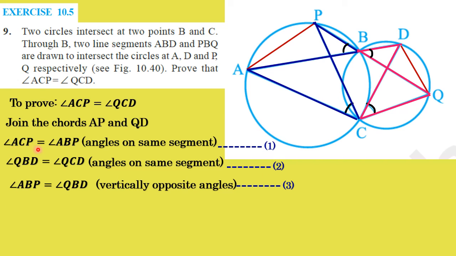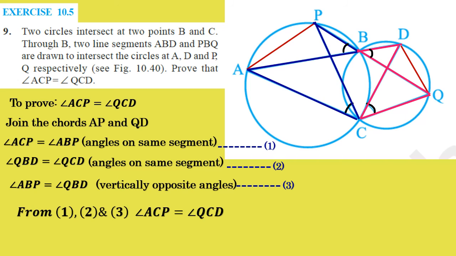ACP equal to ABP. Here, ABP equal to QBD. Here, QBD equal to QCD. All are equal. That means ACP equal to QCD. So from 1, 2 and 3, we proved that angle ACP equal to angle QCD. Very simple, is it?